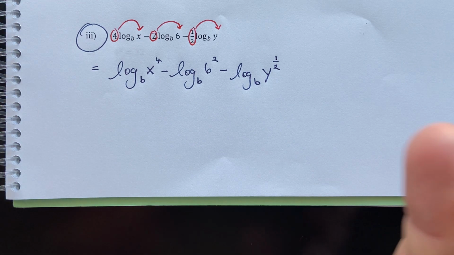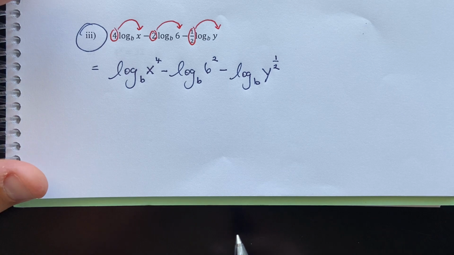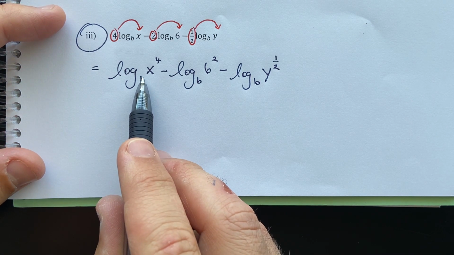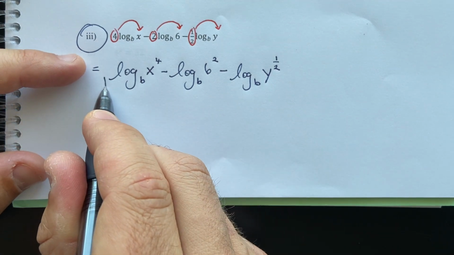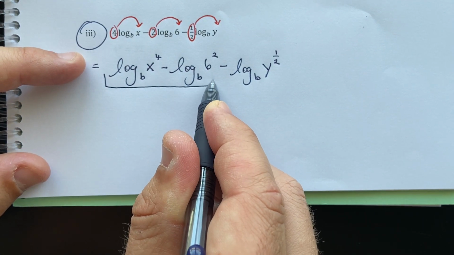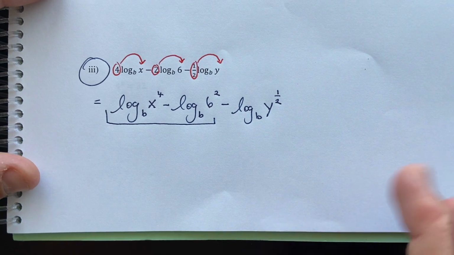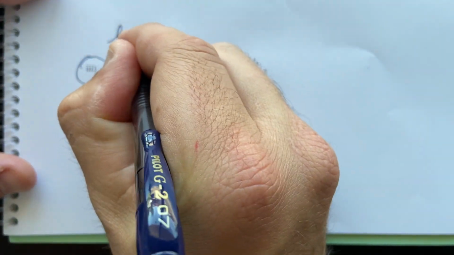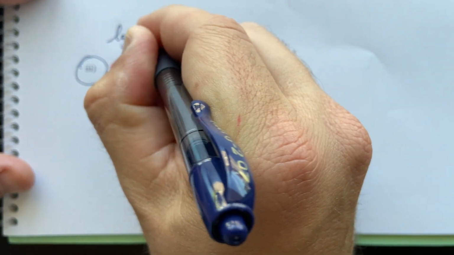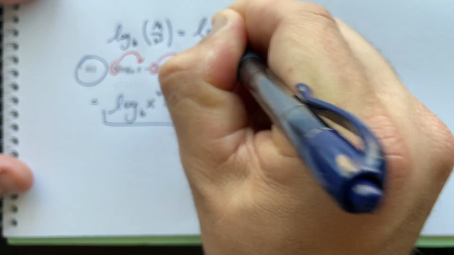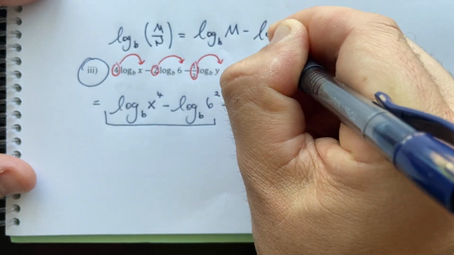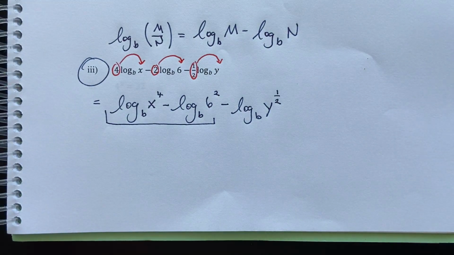I want to keep condensing until I have a single logarithm if possible. So maybe I'll go ahead and use the quotient rule now. Remember, if you have log base b of m over n, then this is log base b of m minus log base b of n.